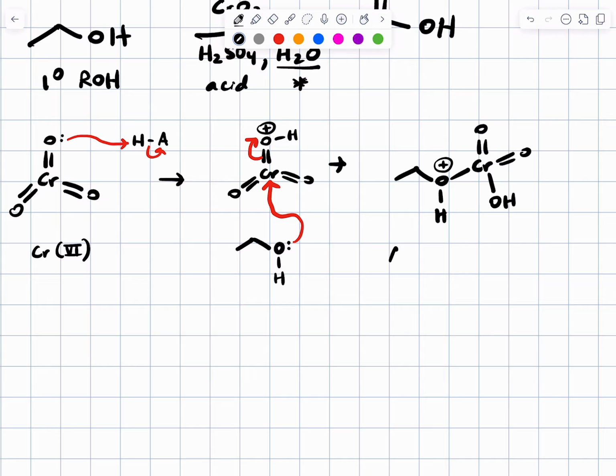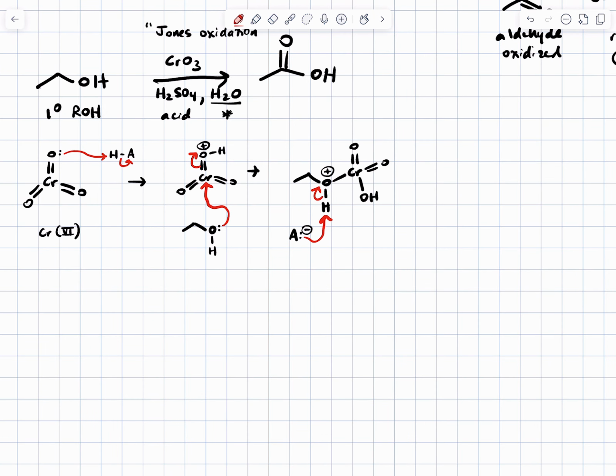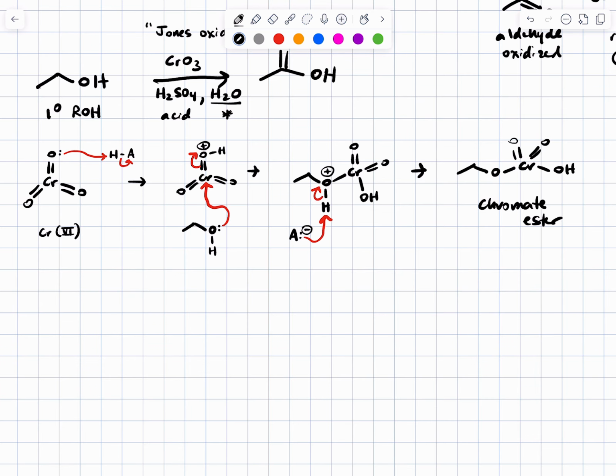Then, likely the conjugate base of your acid removes a proton from the positively charged oxygen, and then that's going to give you the chromate ester that's identical in structure to what we saw before in the PCC reaction. Okay, so look at, let's see, can we get it all on the same slide?